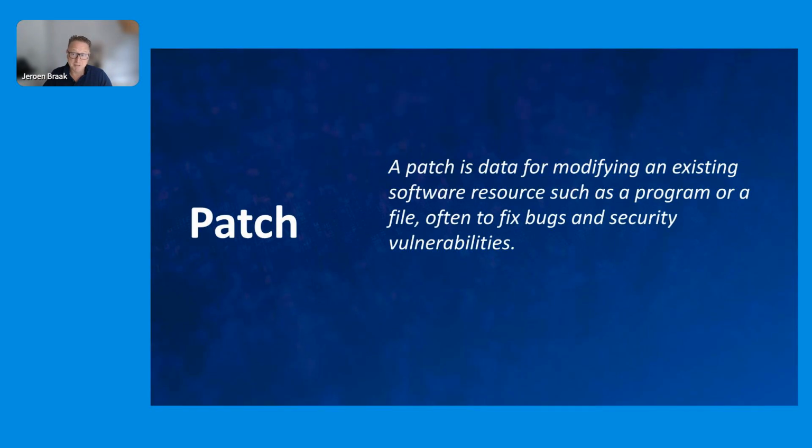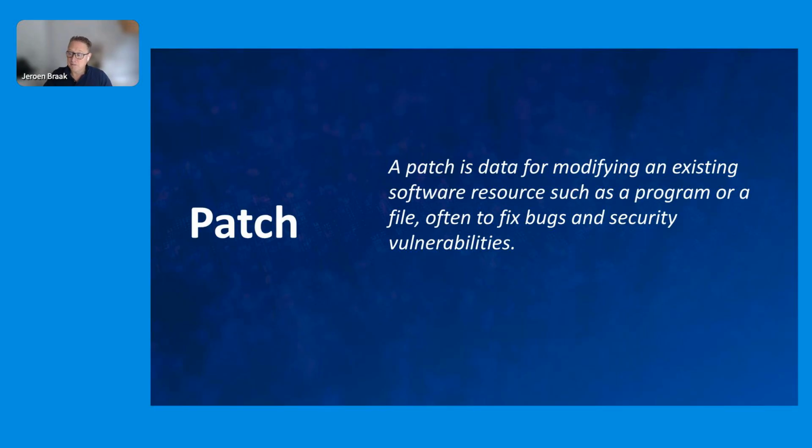And the best thing we can do, of course, is to patch, right? A patch is the data for modifying an existing software resource, as you can read. But there are some problems with patching. It doesn't come out as fast as we would like, and if it does come out, you need to find the patch first. You need to know if it's applicable to your environment, and then deploy it.